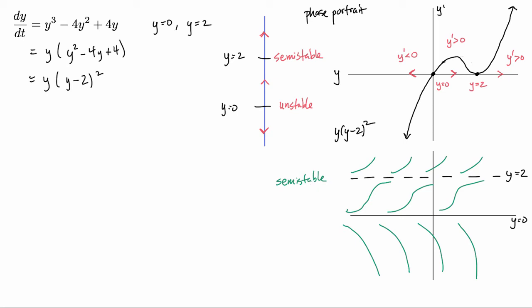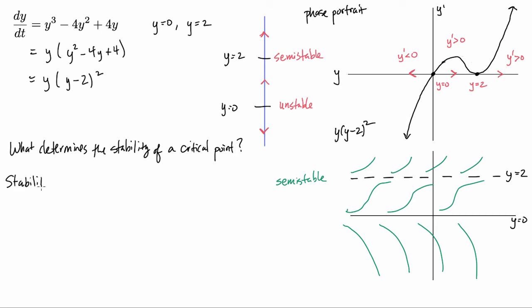Now, the question is, how do we know that a given critical point is going to be stable or unstable? So, for example, the question I'm asking here is, what determines the stability of a critical point? And what I'm about to list is something called the stability theorem.